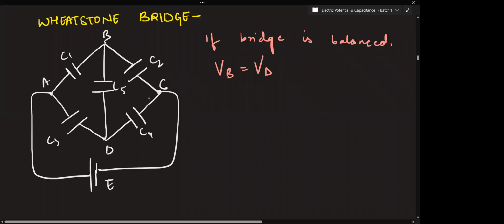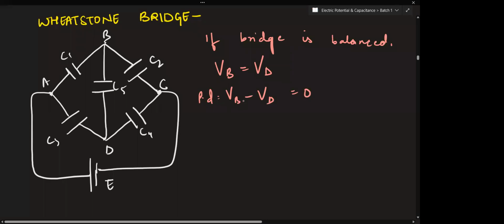Don't worry about this Wheatstone bridge. This is not so important from your capacitors. I'm just discussing it because it can come. There's a slight chance of it coming. Otherwise, we'll study Wheatstone bridge in detail in your current electricity. Right now, this is not so important. But let's just discuss it. So potential difference will be VB minus VD.